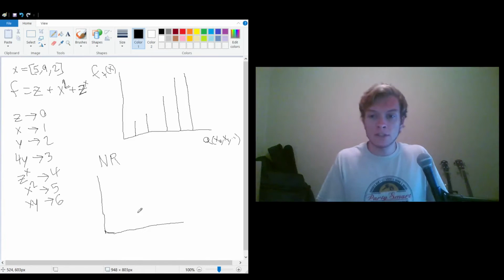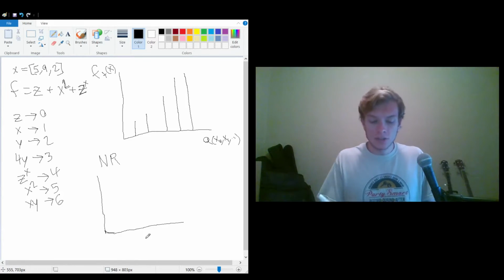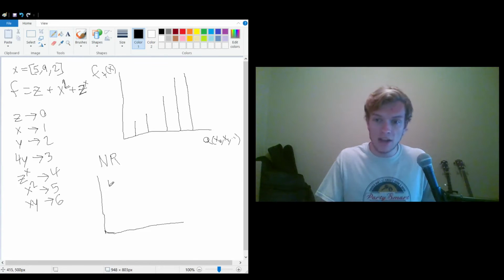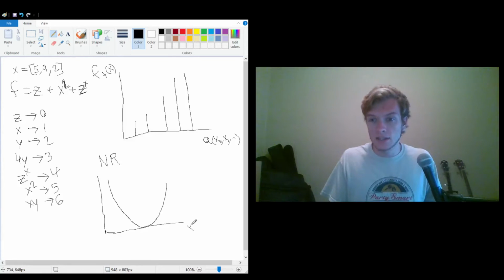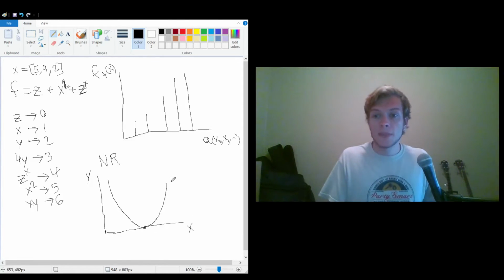Newton-Raphson, I think I described it in a previous stream. I'll try and link that, but it is essentially used for finding zeros of a function. So if you have, let's say, a parabola that goes down and kisses the x-axis, and this is the x-axis and this is the y-axis, and it touches here, we want to find this numerically with a computer.